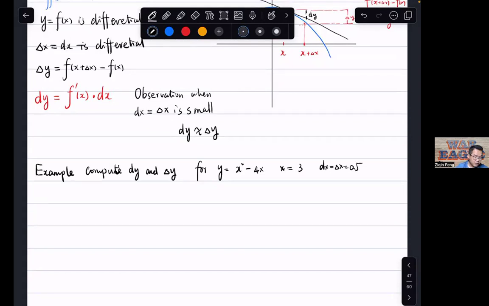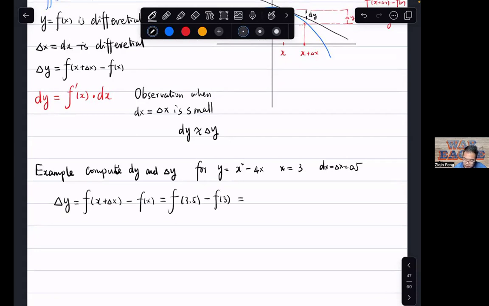The actual change is easy. The actual change delta y should be f of 3 plus 0.5 minus f of 3. We are given that x is 3 and delta x is 0.5, so this is f of 3.5 minus f of 3.